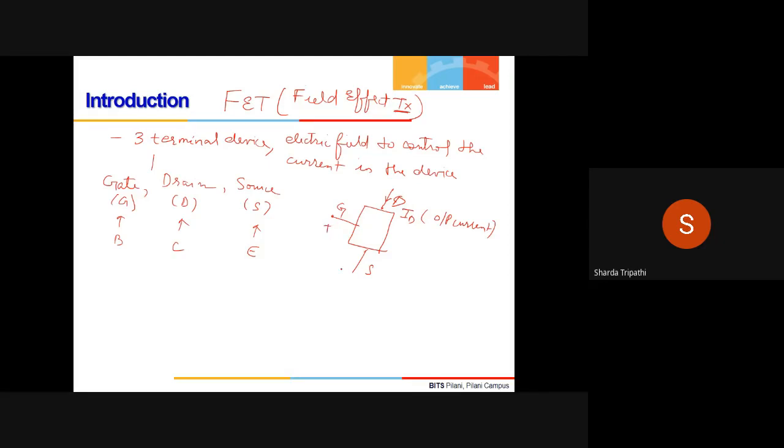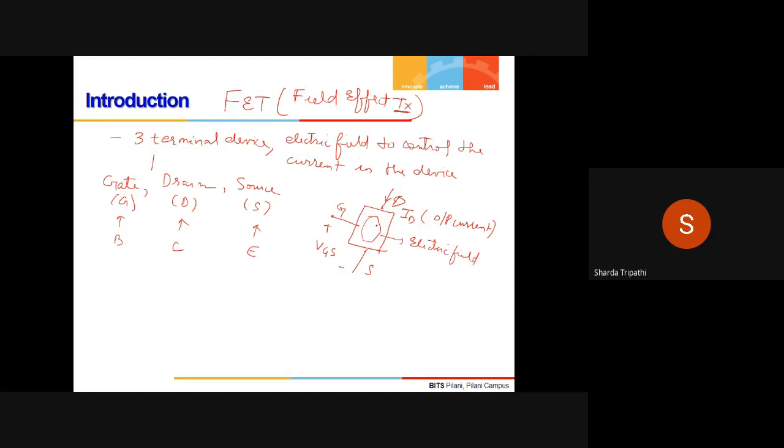And the input voltage is applied across the gate and the source. We call this VGS. So when I apply VGS between the gate and the source terminal, what happens? It creates an electric field inside the device.